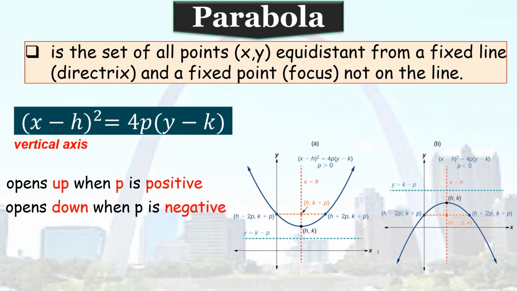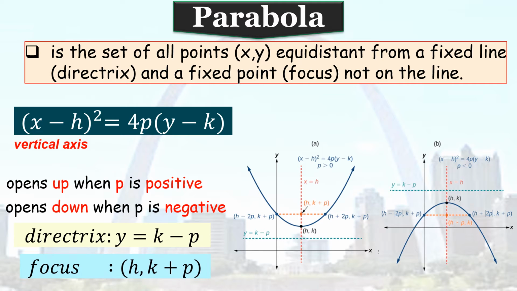So p determines the opening of your parabola in the form (x minus h) squared equals 4p times (y minus k). To determine the directrix, y equals k minus p. And to determine the focus, it is (h, k plus p).